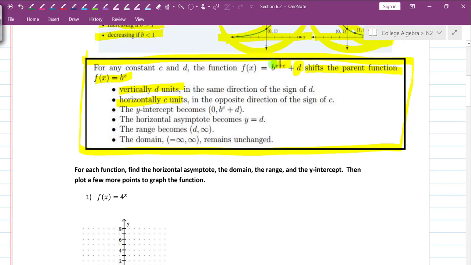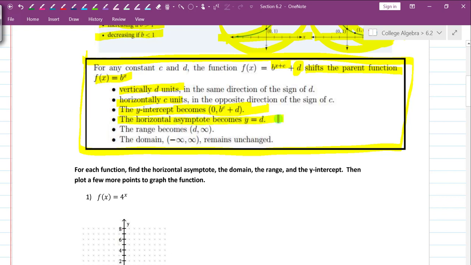Our horizontal shift c is always opposite of what you see there, because x always lies to you. If it's positive, you move in the negative direction. If it is negative, you move to the right. The y-intercept is just going to shift up and over according to the horizontal and vertical shifts.